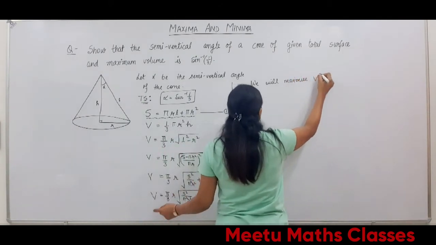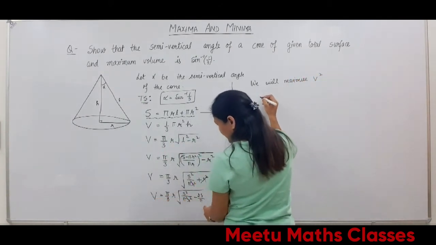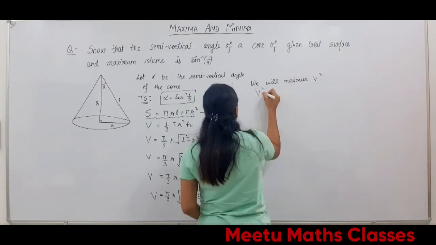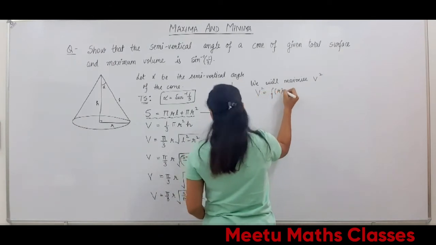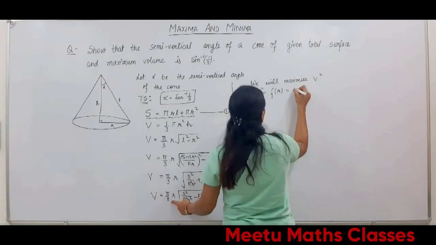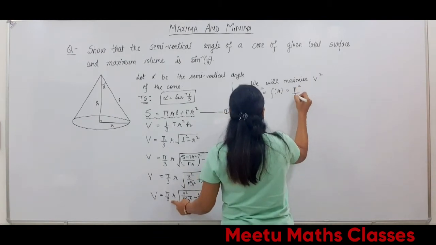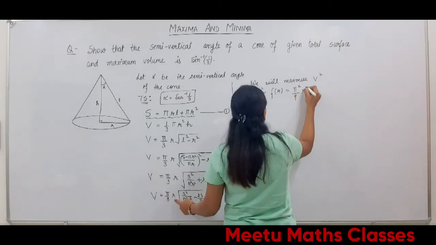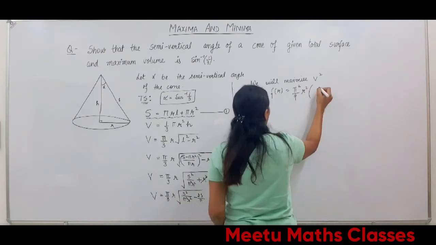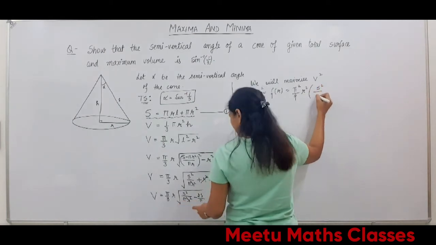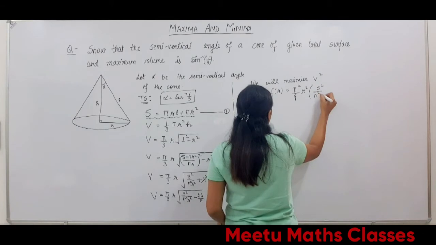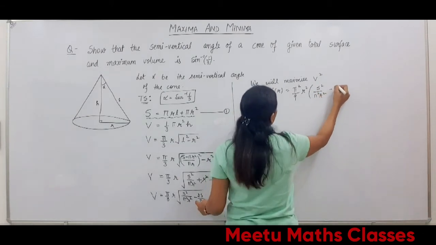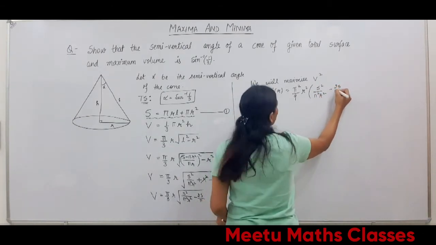V square will also be a function of r, and that will be pi square upon 9 r square into s square upon pi square r square minus 2s upon pi.